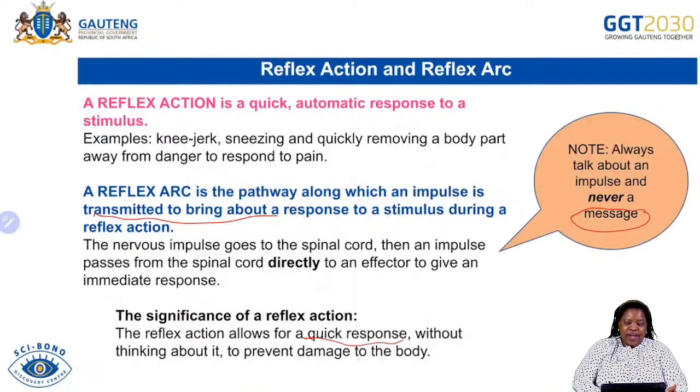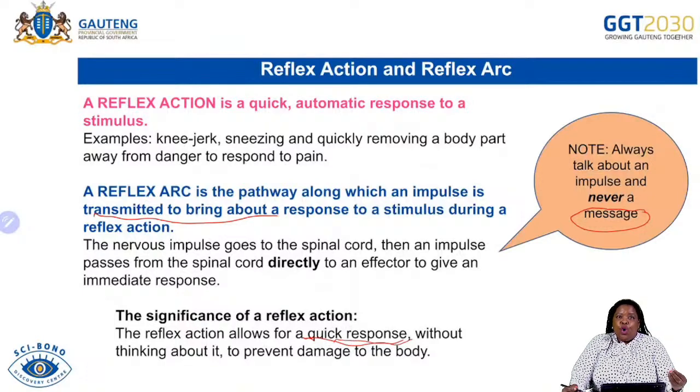Now, the significance of reflex action. The reflex action allows for a quick response without even thinking about it. If I slap you, and you just leave me like that, what is going to happen? Without even thinking about it, you are going to protect yourself.